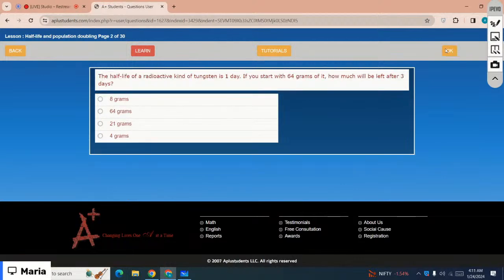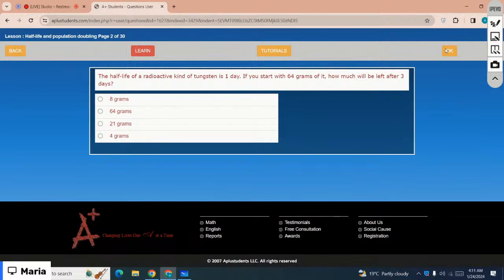The next one: the half-life of a radioactive kind of tungsten is 1 day. If you start with 64 grams of it, how much will be left after 3 days? So you have started with 64 grams. You have to see how much you have left after 3 days.